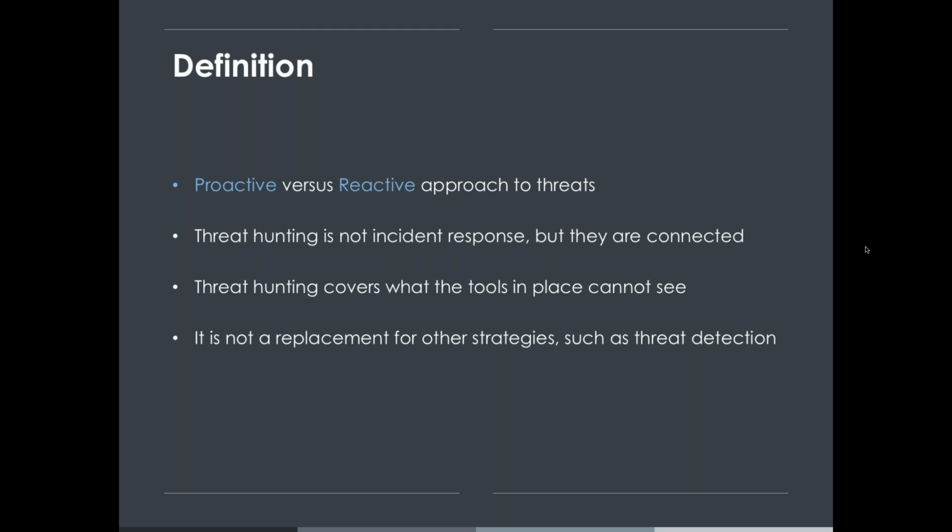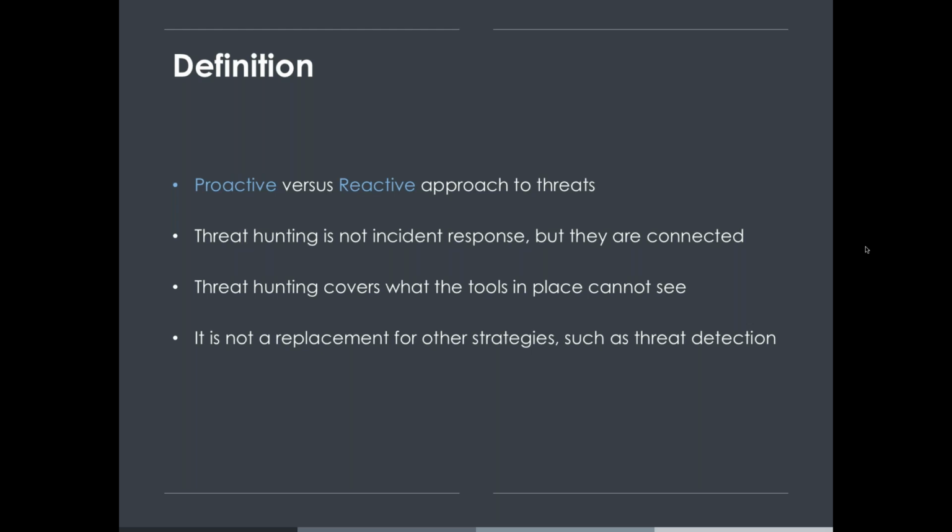Now, some of the key concepts that we're going to get out of that definition, but also out of threat hunting as a whole. Like we said, it is a proactive versus a reactive approach to threats. Threat hunting is not incident response, but they are connected.